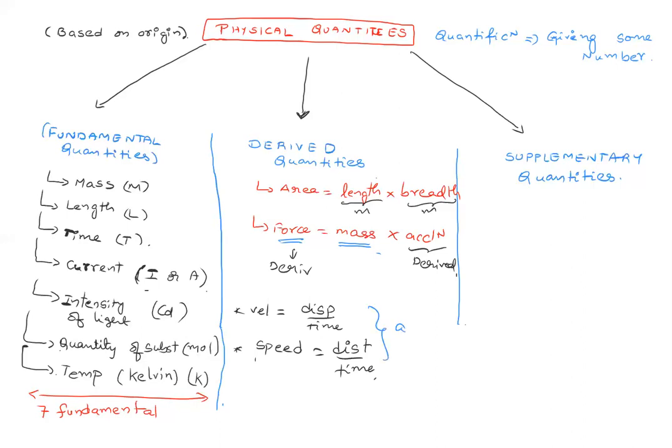Displacement is a kind of length and time is T, so L by T. Here distance is also length and time is also T. So these are derived quantities.